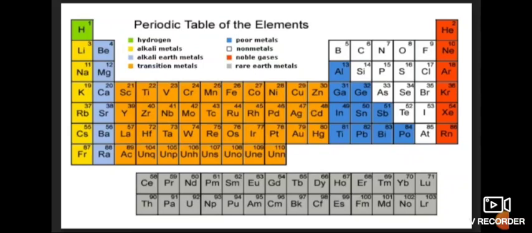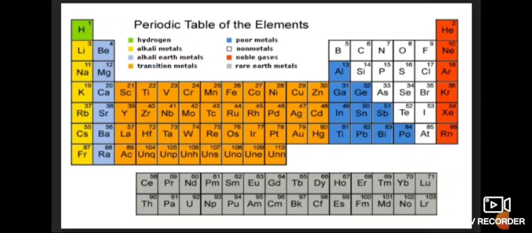Afterwards, we have taken a few elements out as a separate table, the lanthanoids and actinoids, because their properties differ a little from the other elements present in that particular period.